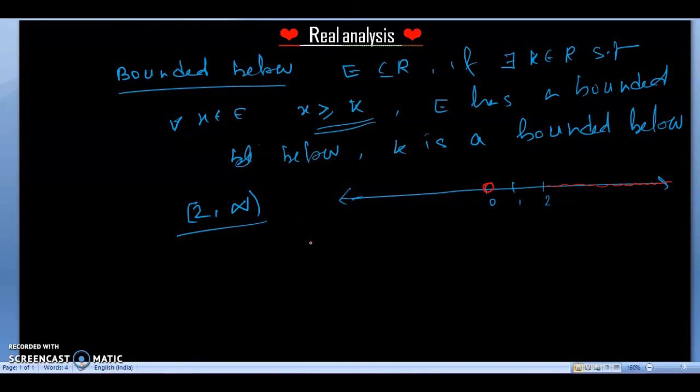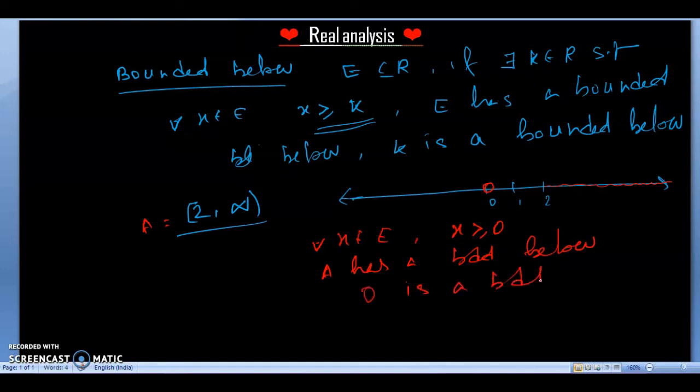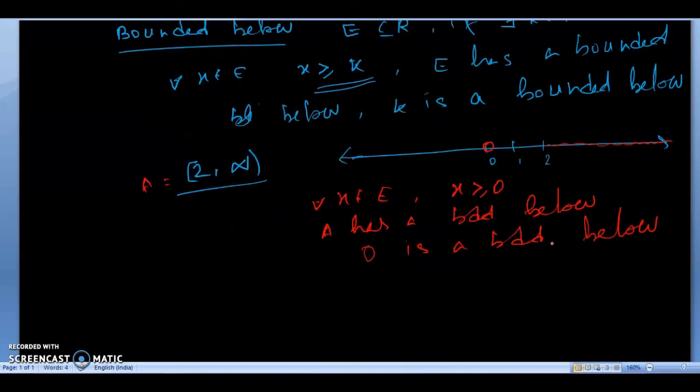Then you can say that for all x belongs to E, x is greater than or equal to 0. That means E is bounded below, and 0 is a lower bound. Similarly, if anyone asks how many lower bounds there are, the answer is there are an infinite number of lower bounds.